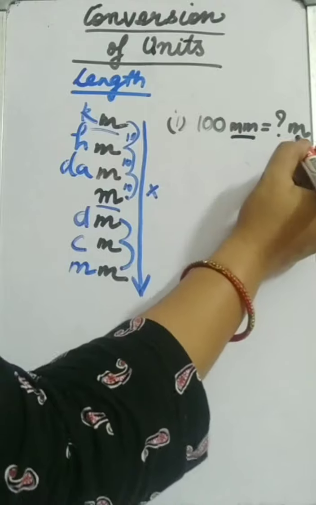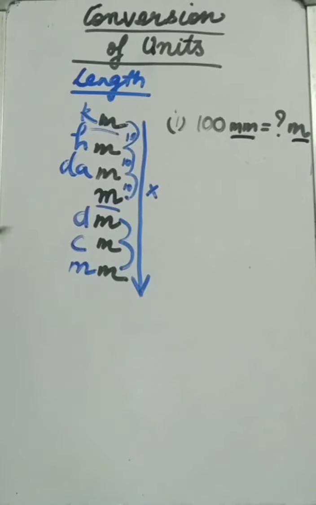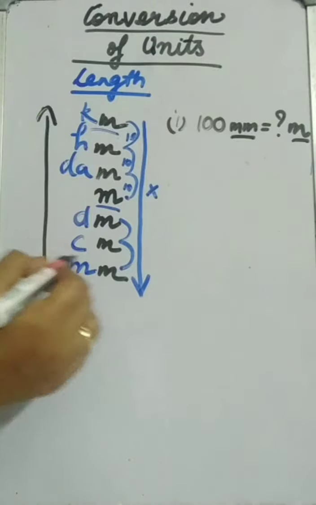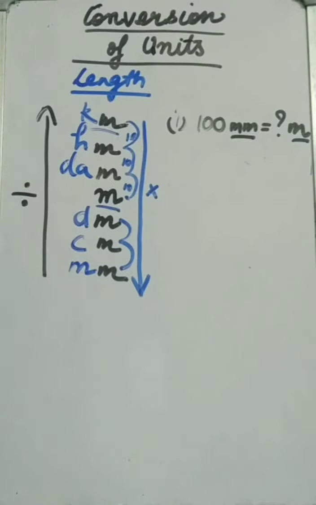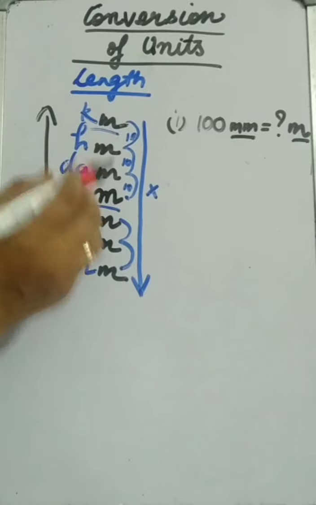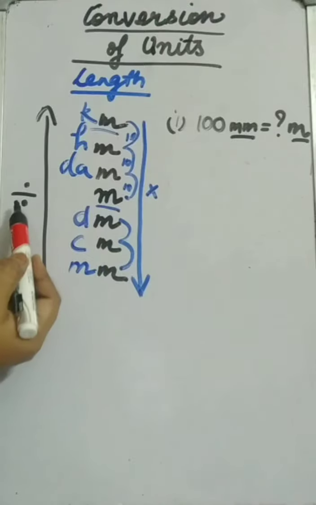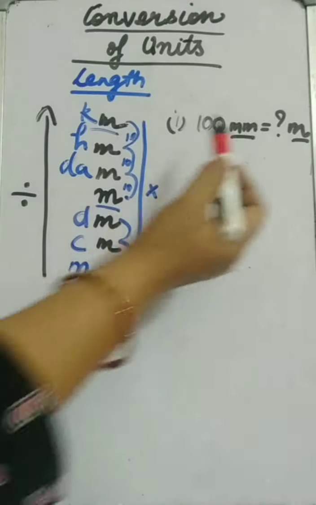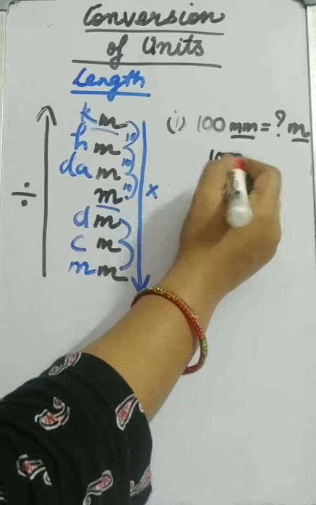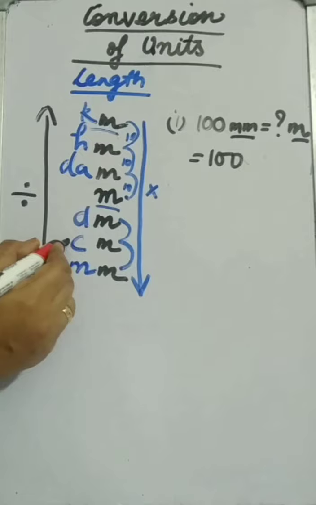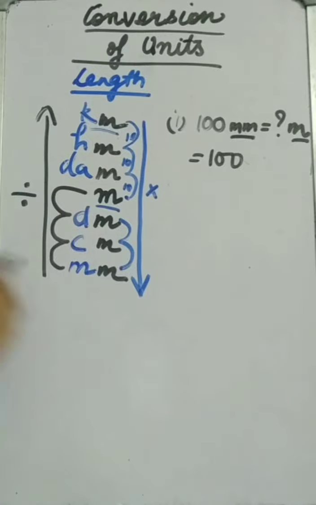Now I have to go from millimeter to meter. When I have to go from millimeter to meter, I have to go up. So always remember, when you have to go up, you will divide. The same loop will be followed, but instead of multiplication, I have to divide. So here, 100 will be written as it is, and from millimeter to meter, how many loops? 3.